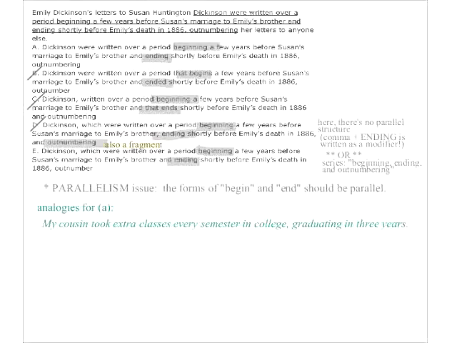Versus, my cousin ate frozen food every day in college, comma, graduating in 3 years. The first one of these is correct. The second one of these is incorrect. Can anybody tell me what's wrong with the second one?